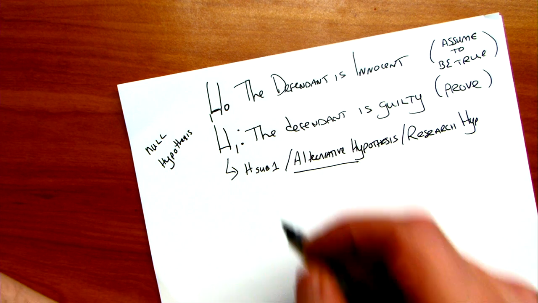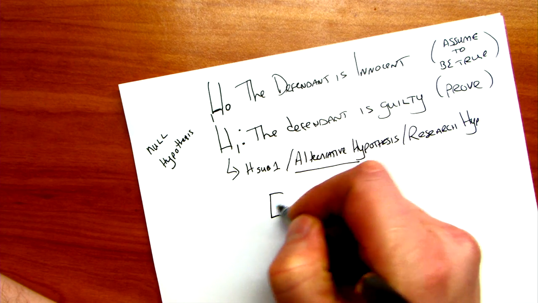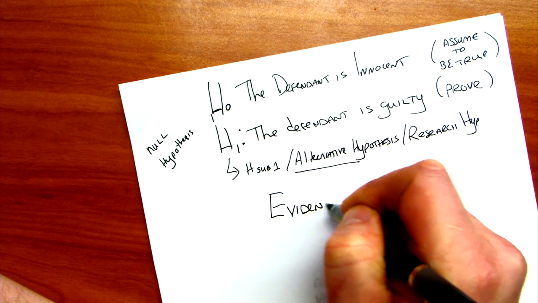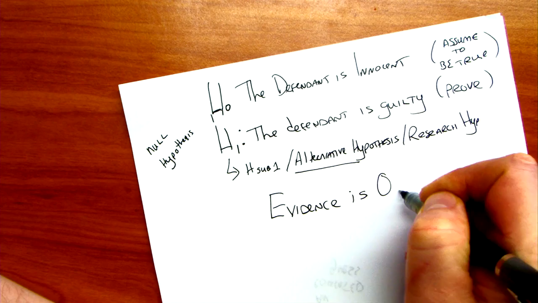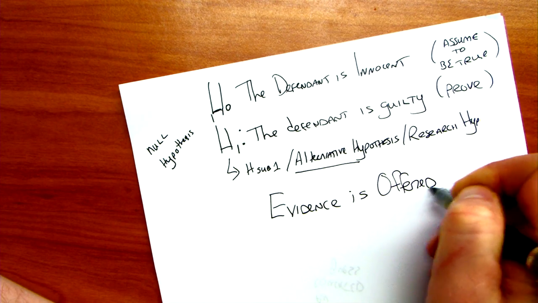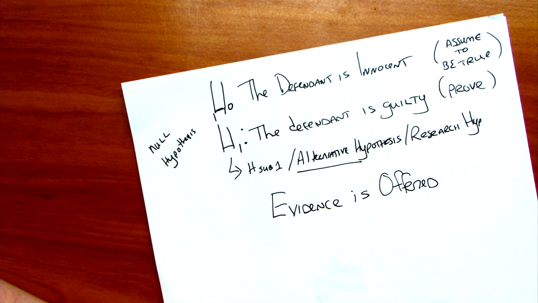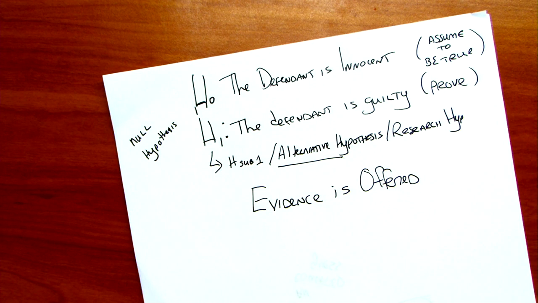Very good. So the next step is evidence is offered. And if we think about it, in a criminal trial, evidence is things like witness testimony, DNA evidence, fingerprints, bloody gloves, those kinds of things, right?